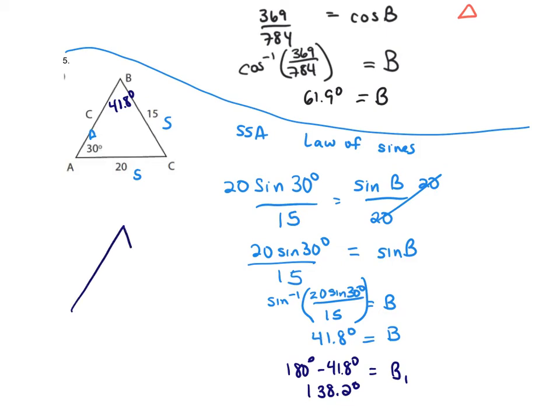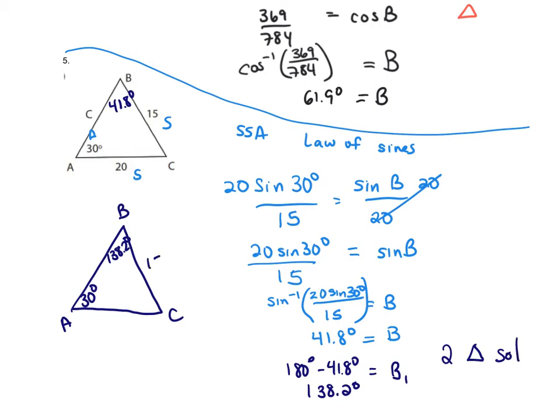But I could also, if I draw the same triangle down here, I could put 138.2 here, because 138.2 plus the existing 30 is also less than 180. So we're actually going to have two triangular solutions. We're going to have two answers for this.